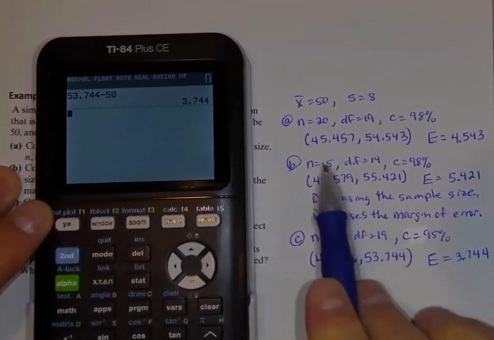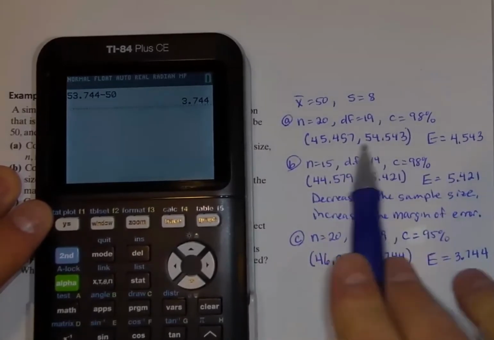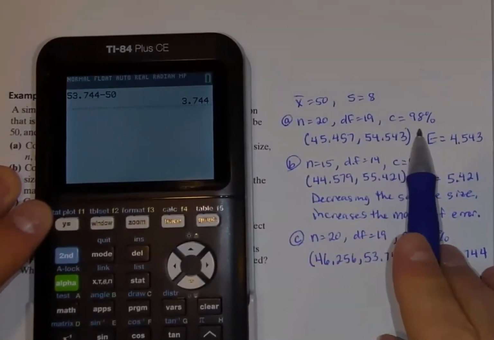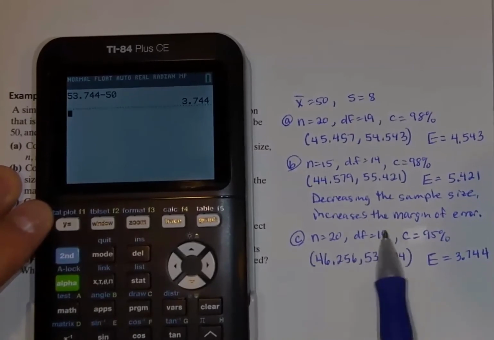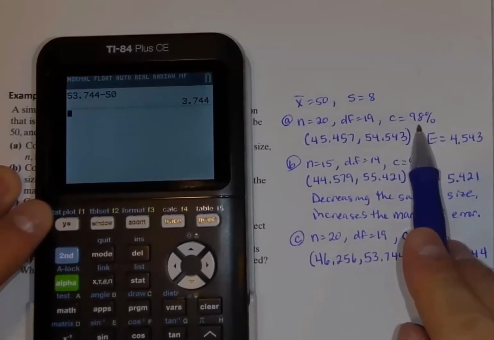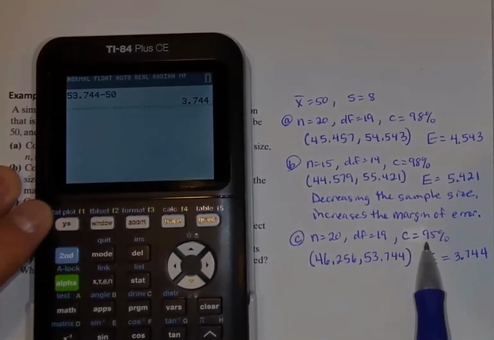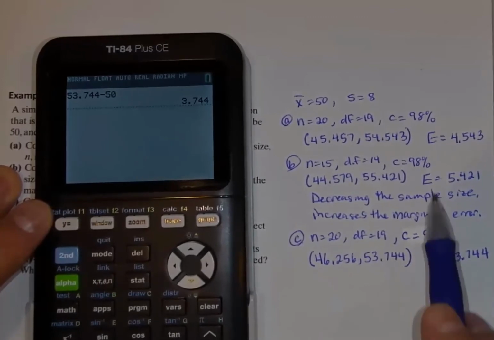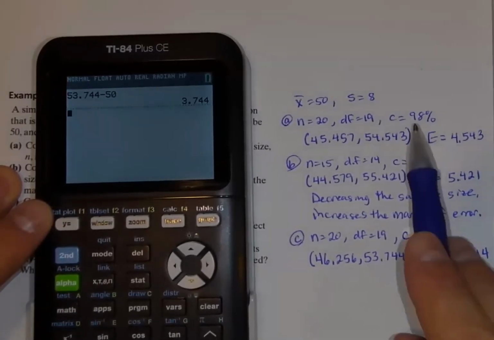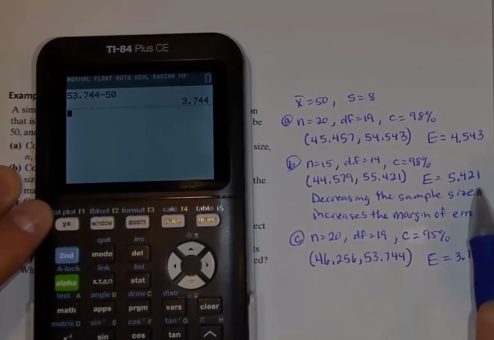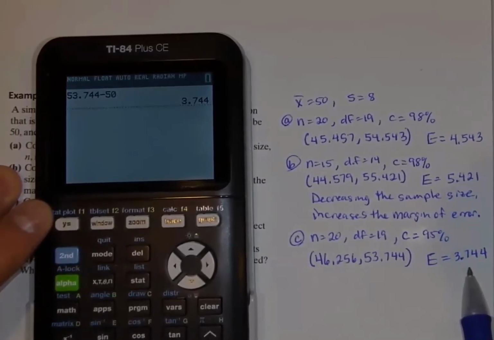Now we're supposed to compare that to our answer in part A. In part A, everything was the same as C, except in A, we had 98% confidence. In C, we had 95% confidence. So when I dropped from 98 to 95% confidence, the margin of error dropped down to 3.744.